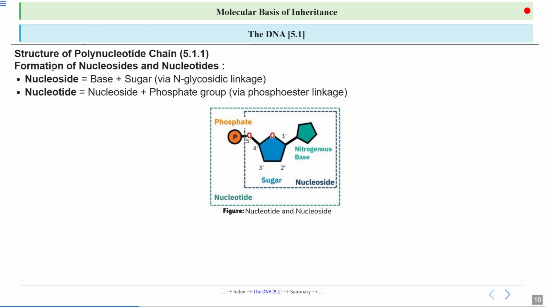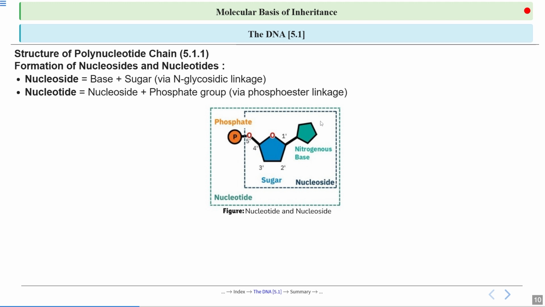Now, as I told you, you can remember it in this form, that nucleoside, S means second and second means 2. So the nitrogenous base and the pentose sugar are going to give us the nucleoside. And the linkage which they form in between is the N-glycosidic linkage.